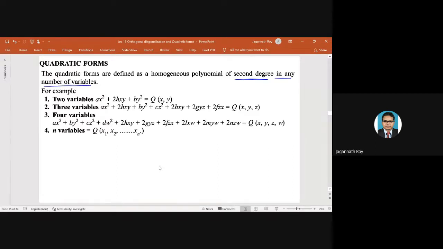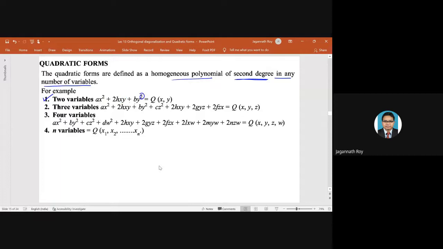So this is a quadratic form in two variables, ax square plus 2h xy plus b y square. See, homogeneous polynomial. So the degree of each term is 2. Here it is also 1 plus 1 is 2. Here it is also 2. Okay.